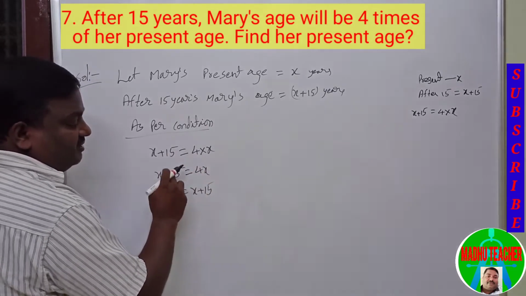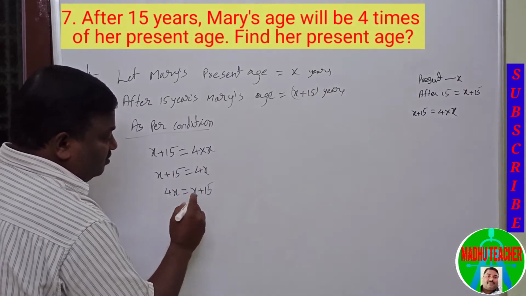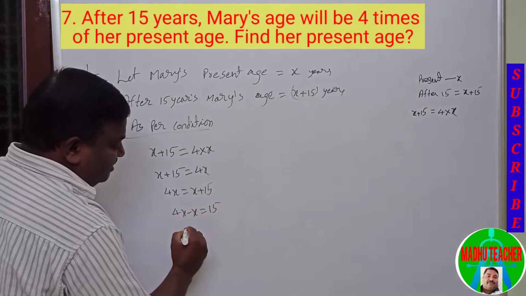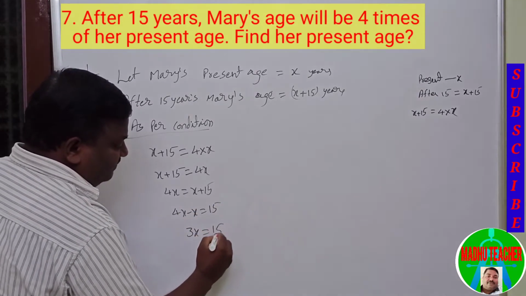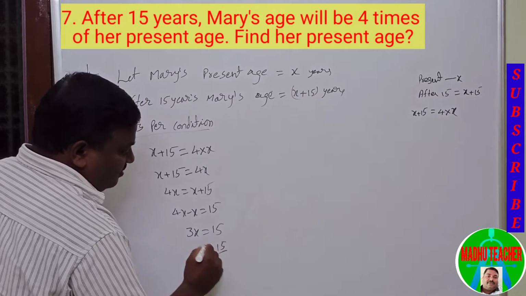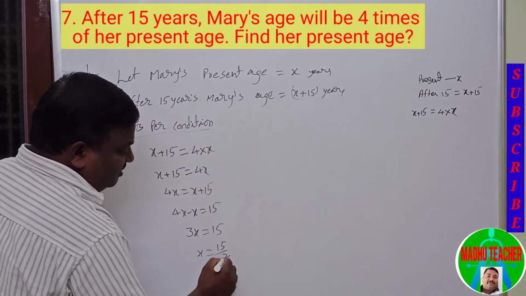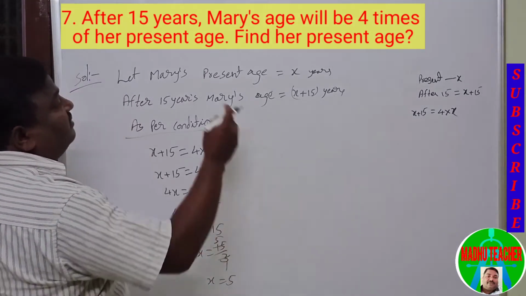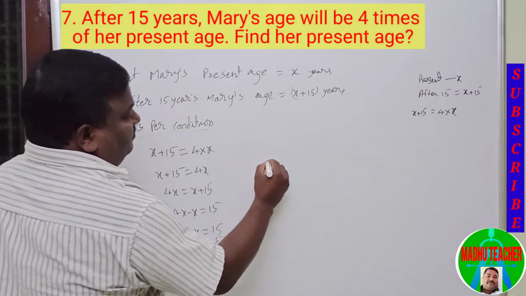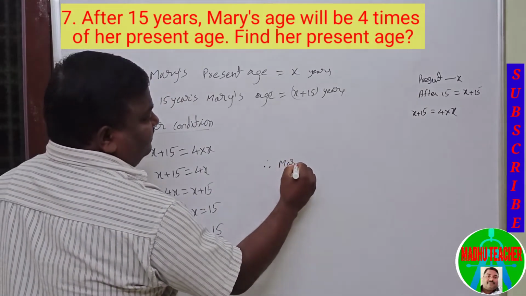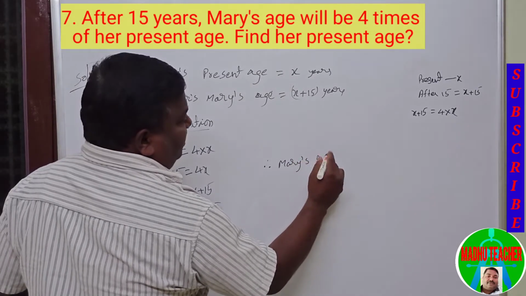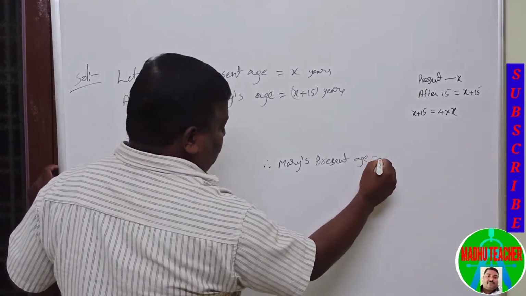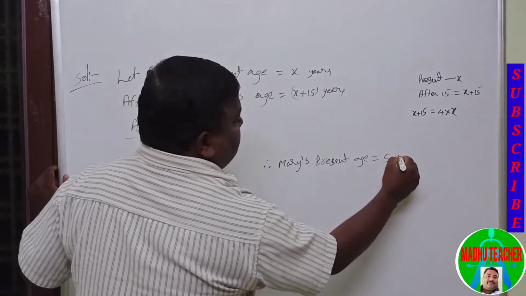Then 4x, taking x to the left side, minus x equals 15. 4x minus x is 3x equals 15. x equals 15 divided by 3. 3 fives are 15. x equals 5. What is x? Mary's present age. Therefore, Mary's present age equals 5 years.